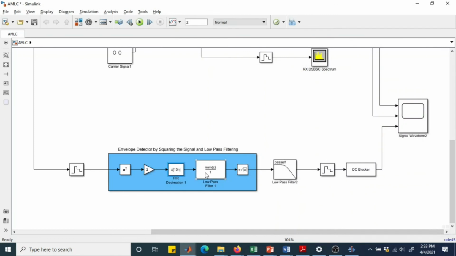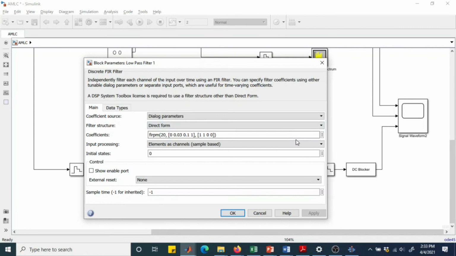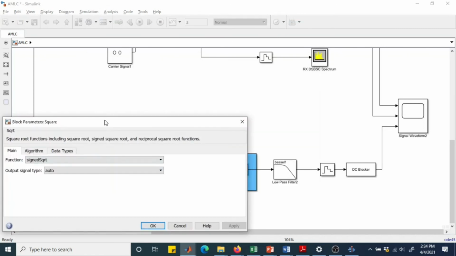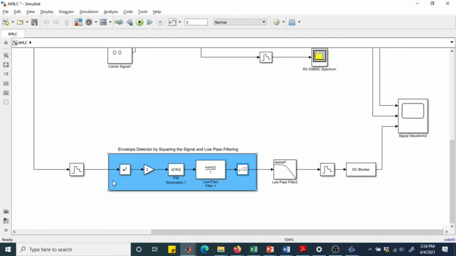And next we have the low pass filter with these parameters. So next we have the square root function, that is sqrt. So all of this is basically available in Simulink using this command.